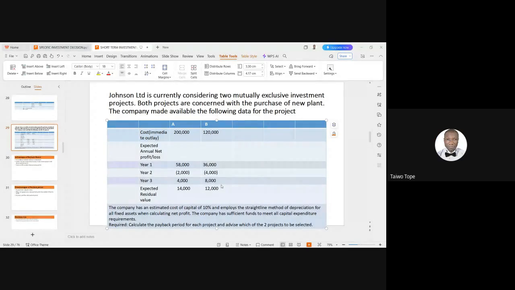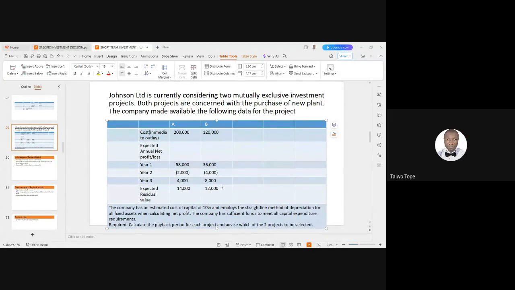So for you to calculate payback period, you need to convert your accounting profit or loss into cash flow. So bring back depreciation.